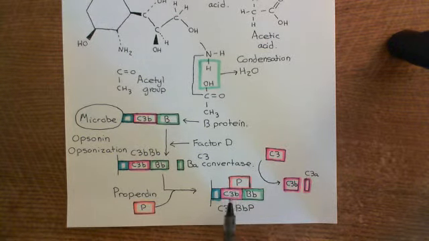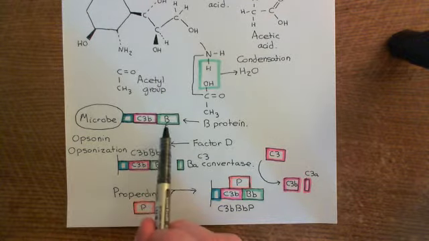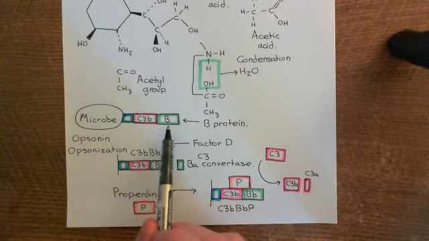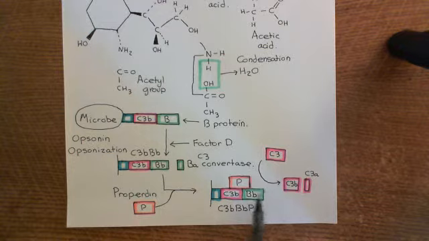It'll bind to glycoproteins all over the place, and it will have a positive feedback effect because all of these C3bs which have bound will also be able to recruit B protein and go through this reaction to form a C3 convertase. So you're just going to get more and more C3b binding to the surface of the microbe.